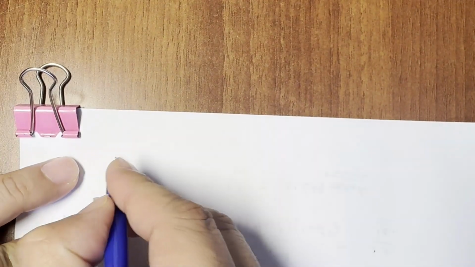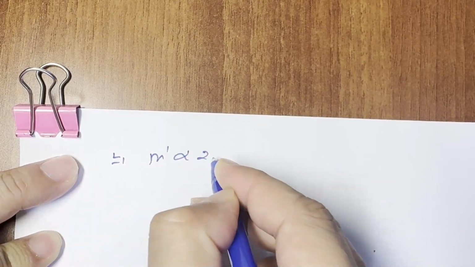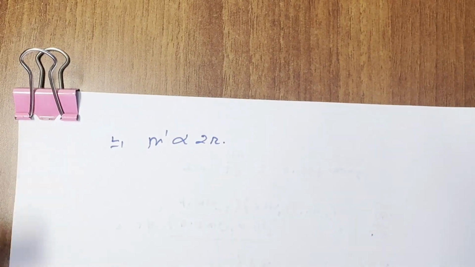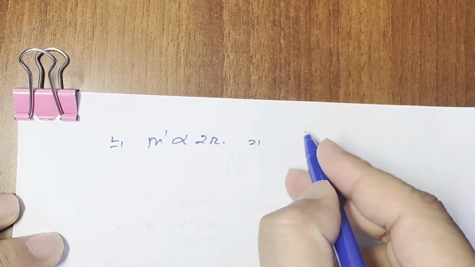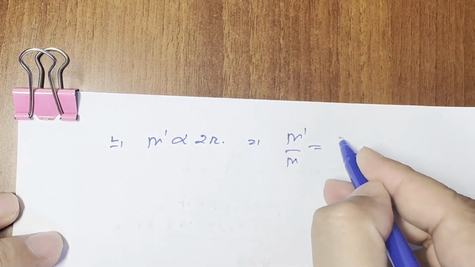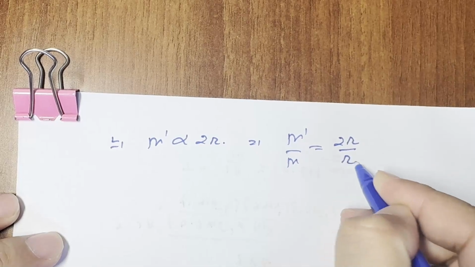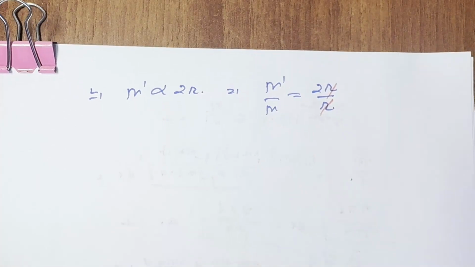We can write m prime upon m is equal to 2r upon r, where r and r cancel out.